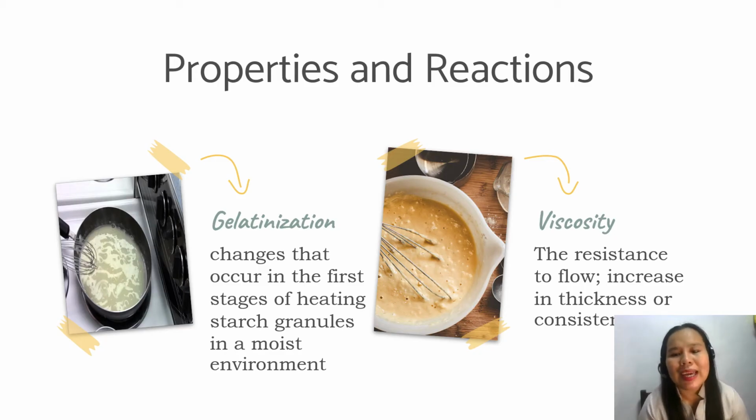This reaction is the result of its amylopectin content. When starch and water have been combined and can be stirred, it is viscosity. An example of this is batter or pancake mixture. Though the mixture is thick, still it has the ability to flow.